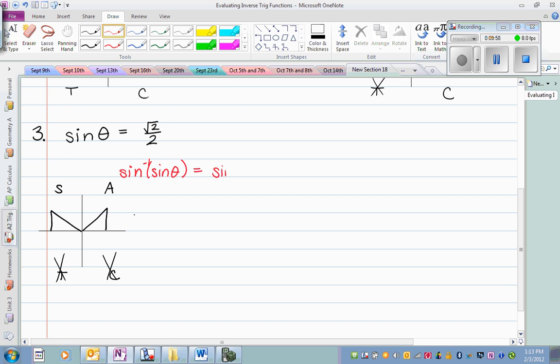Inverse sine of rad 2 over 2, theta equals 45. Again, that's just a reference angle. We've got to do 45 degrees more than 0. Surprise! What is it? And we've got to do 45 degrees less than 180, which is 135.